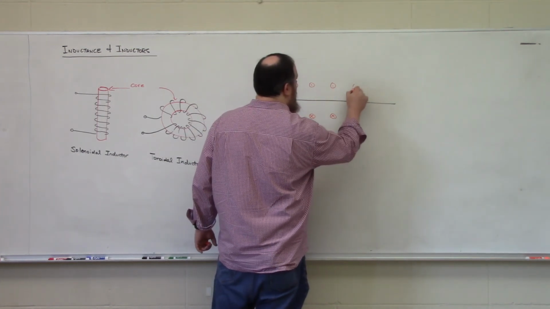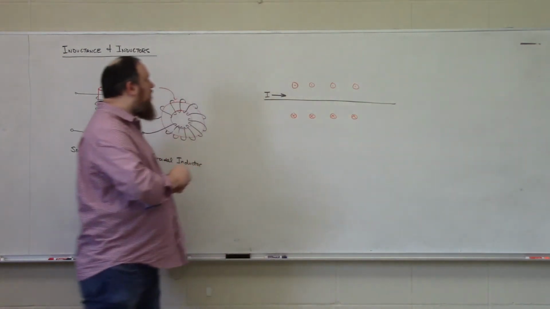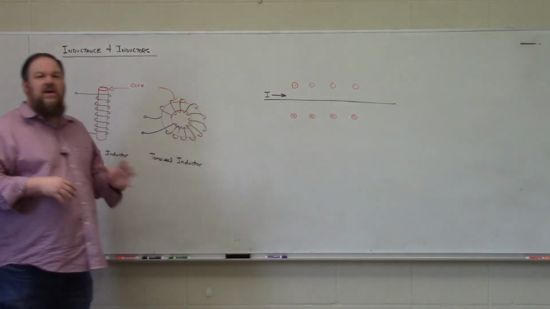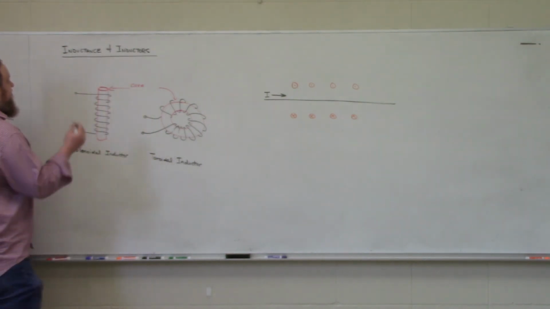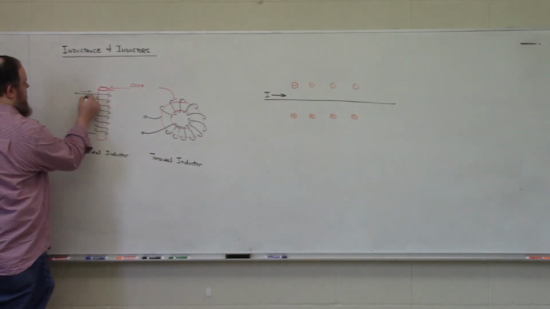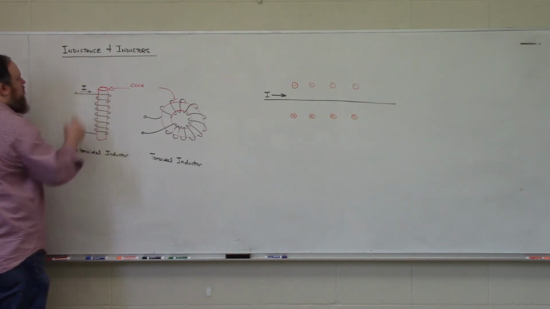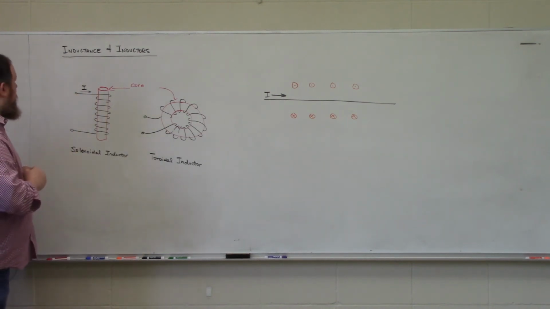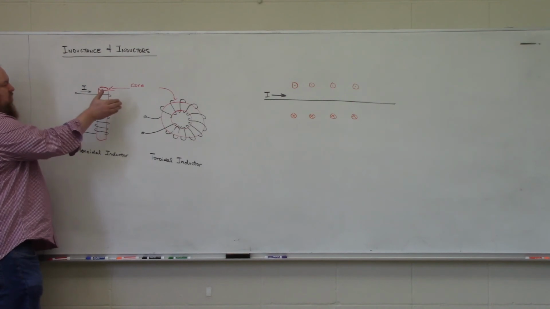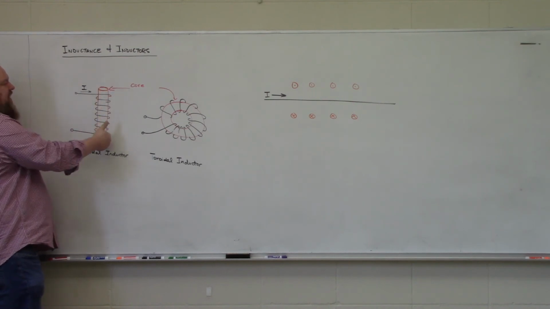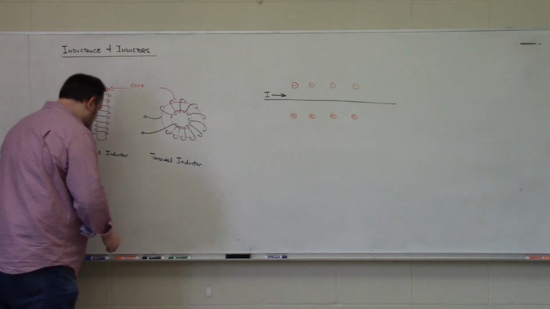If we coil a wire instead of having a long straight wire, so for instance, if we passed some current I into our solenoidal inductor, we would observe that since the coil is going around this way, our magnetic field generated by the wire is going to be in the up direction.